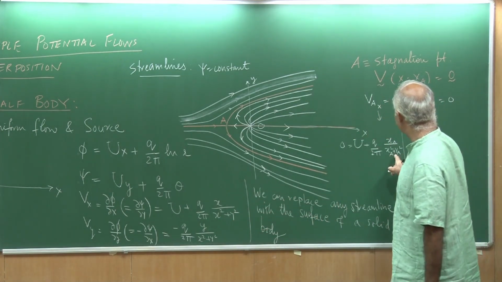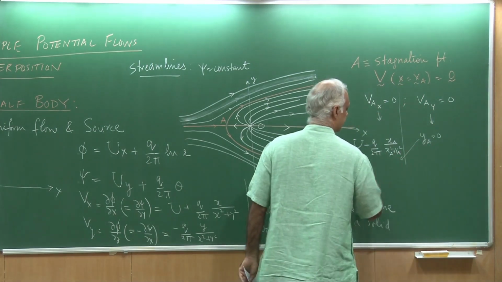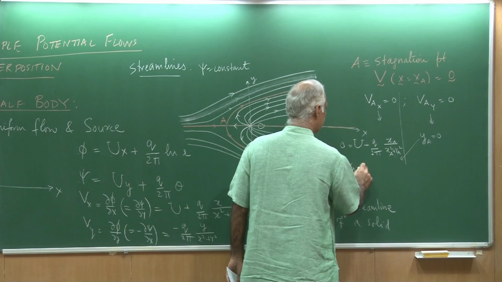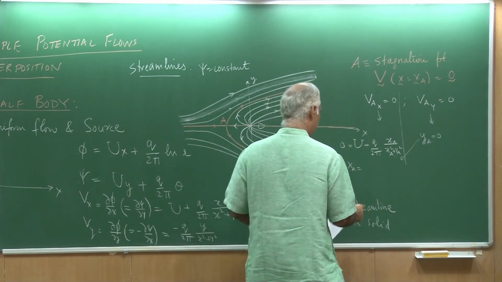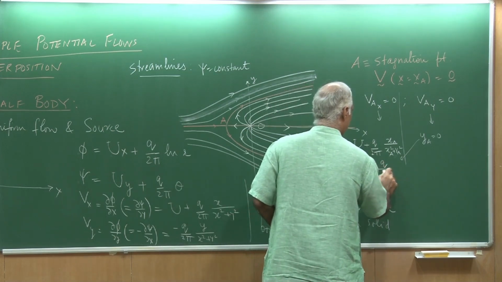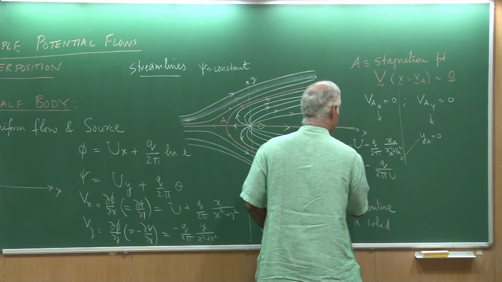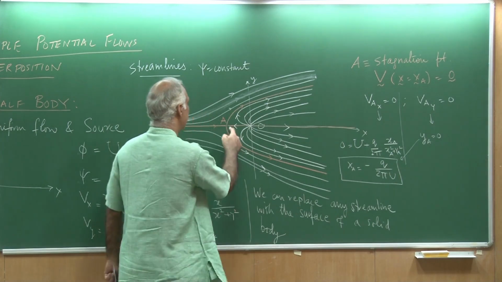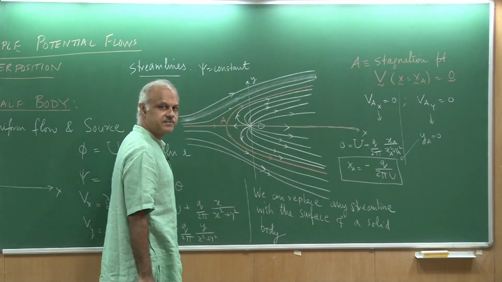So if I plug that in this equation here, then I would simply get that x_a is minus q by 2 pi u. So that is the location of the stagnation point, which lies along the x axis.